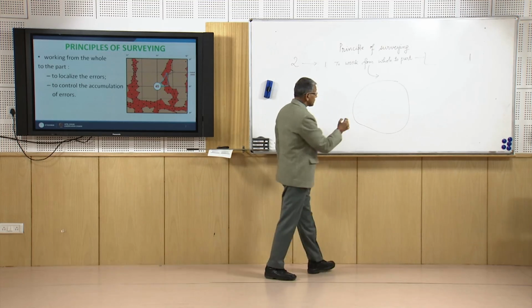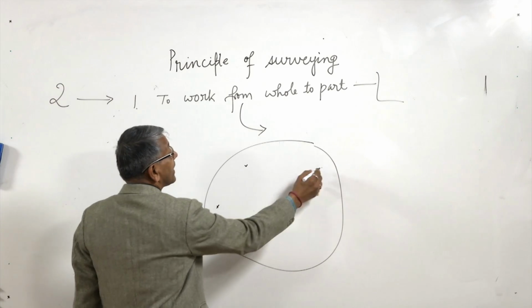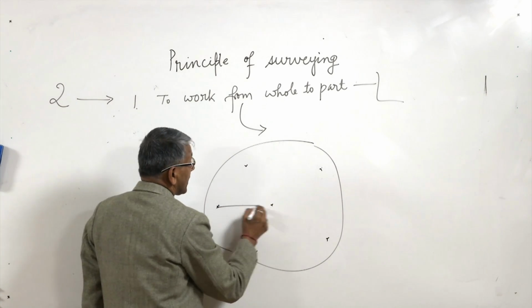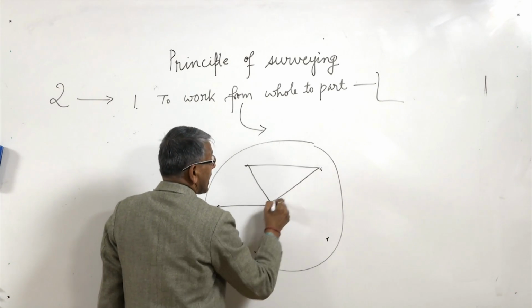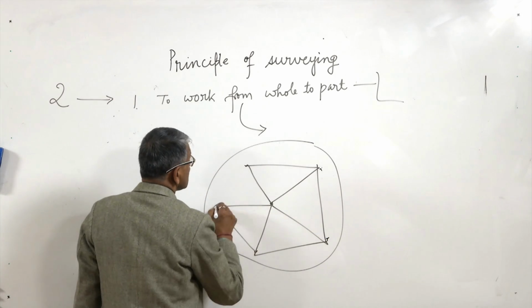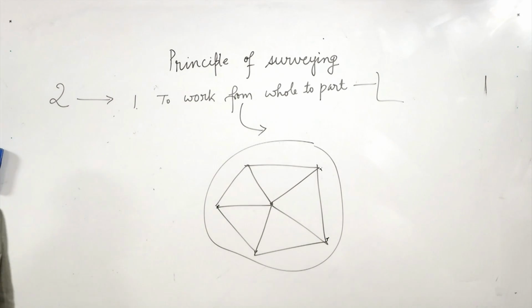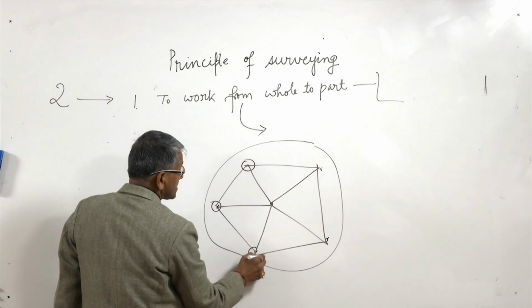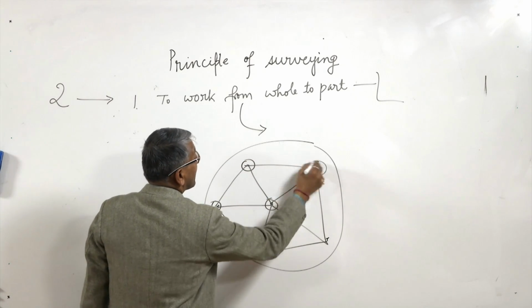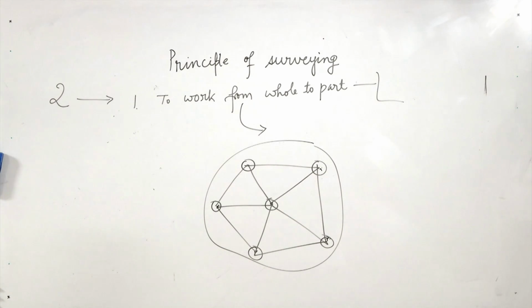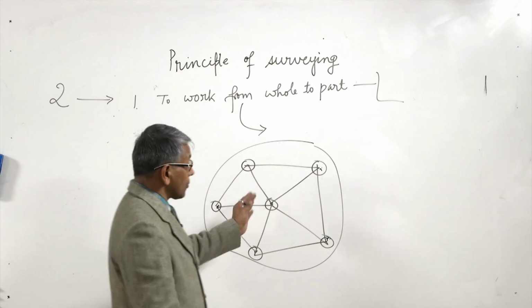We decide to take the stations in such a way that the area is divided into triangles, and the vertices of these triangles will be termed control points or control stations.